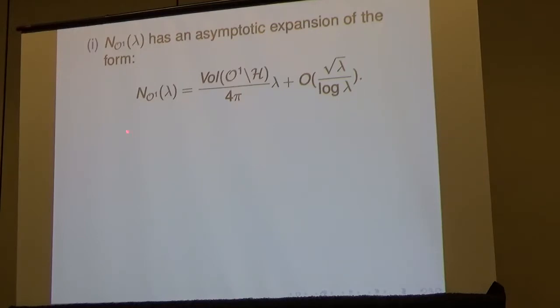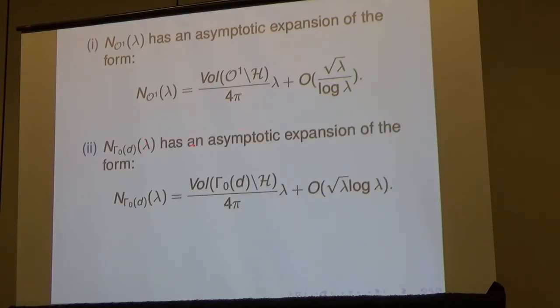Now, it turns out that when we look at N lambda associated with the co-compact group, it has an asymptotic expansion of the form volume over 4 pi, and then something of the order of the square root of lambda over log lambda.